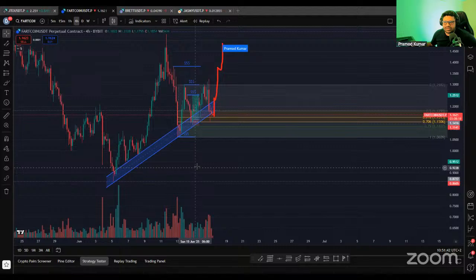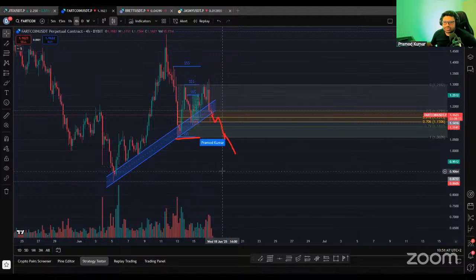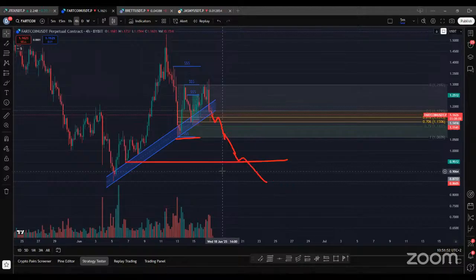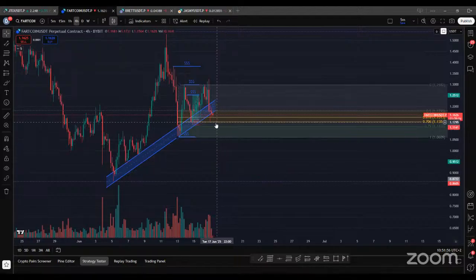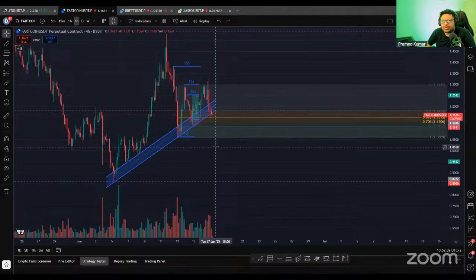If it stays down, then yes, the market can come and sweep all these liquidities once again. All right, I'll try for that. Okay, show me the another one, sir.